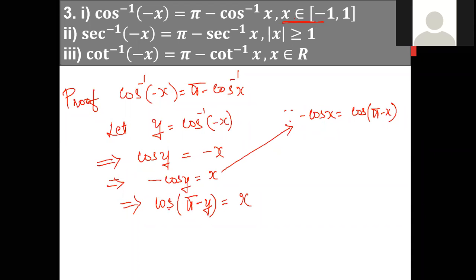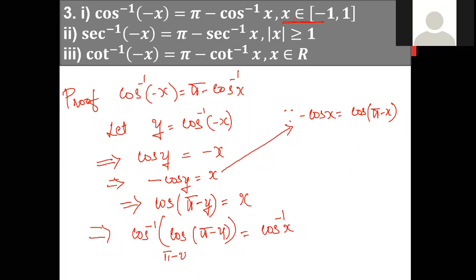Now I need cos inverse x. I have x. So what I'll do, apply cos inverse on both sides. So it is cos inverse of cos of pi minus y is equal to cos inverse x. But what is cos inverse of cos x? It is x.